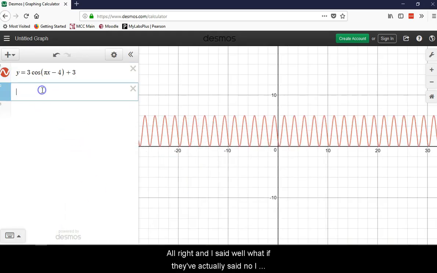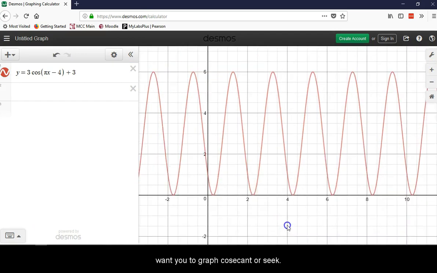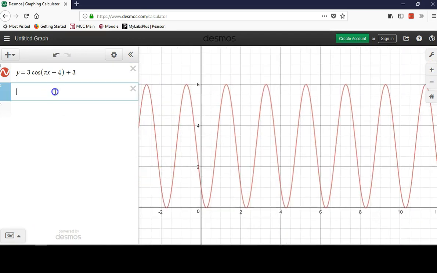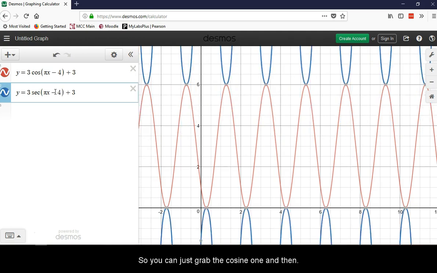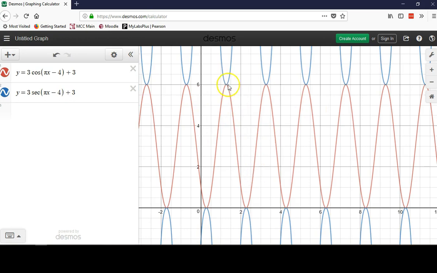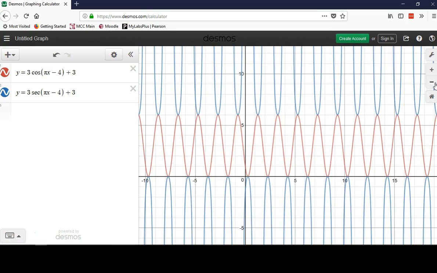All right, and what if they actually said, no, I want you to graph cosecant or secant? Watch this. If I can get it. Oh, there he is. See? So you can just graph the cosine one and then take all of those and draw it out.